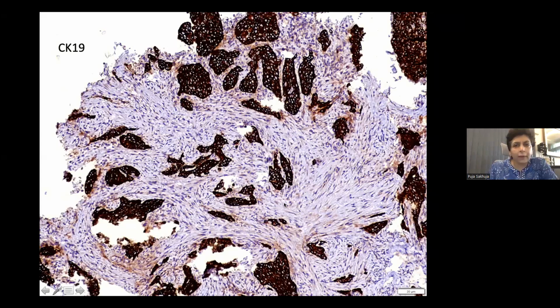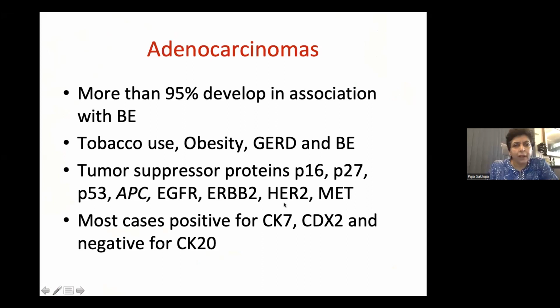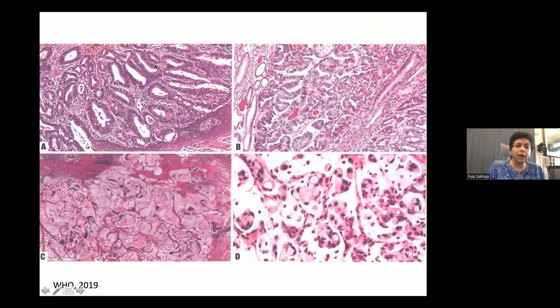Now, adenocarcinoma, more than 95% develop in association with Barrett's. Risk factors can include tobacco use, obesity, GERD, other than Barrett's. So they're higher chance. Then tumor suppressor proteins like P53, P16, P27, and other mutations may be present. The types, it may have the usual tubuloglandular type.